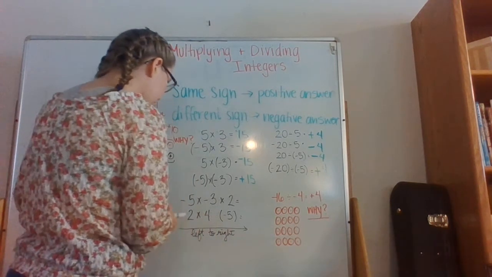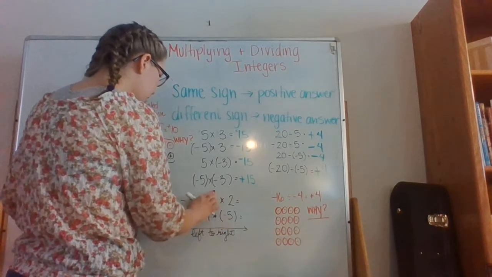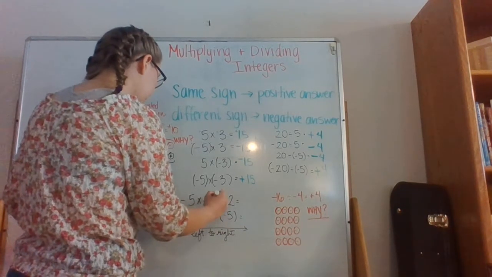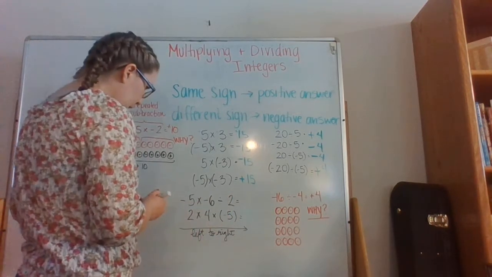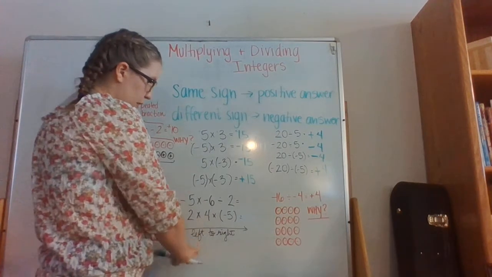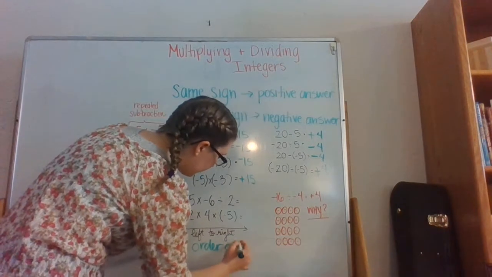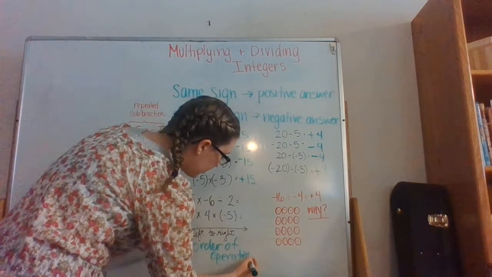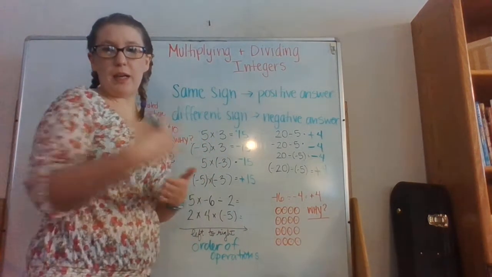You do want to make sure that you are following order of operations by going left to right. So you're following order of operations going left to right, and that means that you're looking at each set.